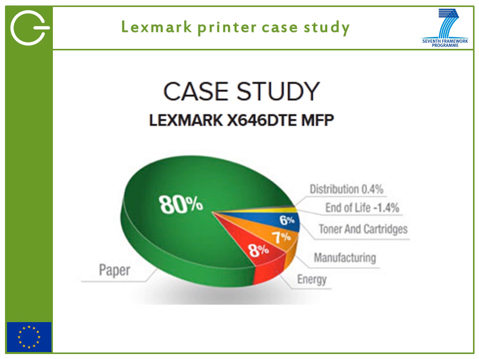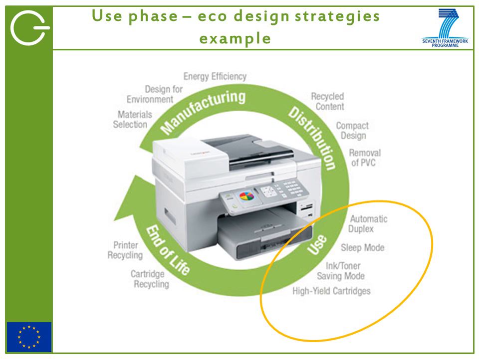When considering an electronic product that consumes paper and ink, such as a printer, we found that paper is the main contributor to the environmental indicators. When the 3 elements of the use phase are combined, paper, cartridge, and energy account for 94% of the environmental impact. Lexmark worked on improving the parameters which they have control over, adding a sleep mode to improve energy consumption and, to improve cartridge life, an ink-saving mode and a high-yield cartridge.